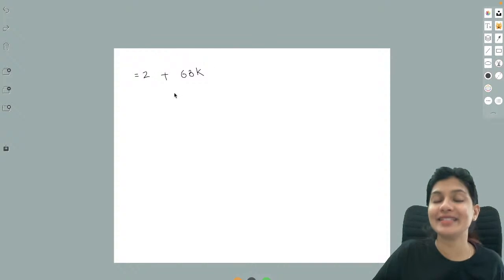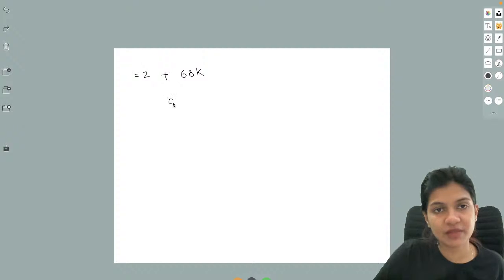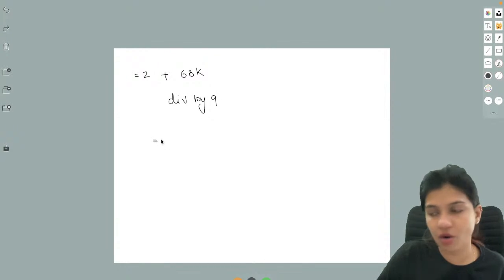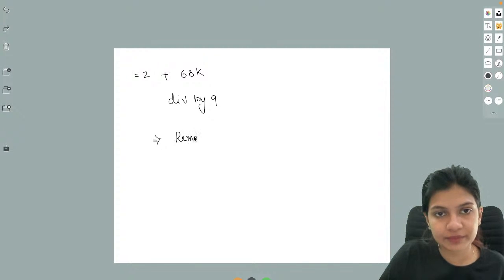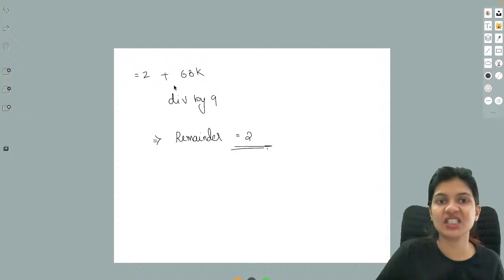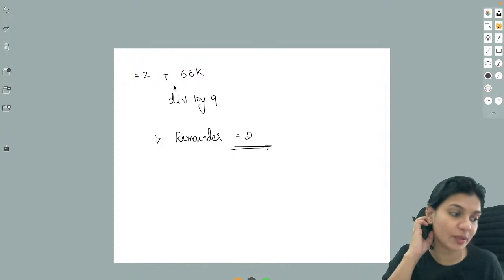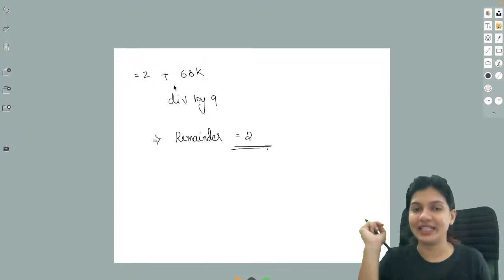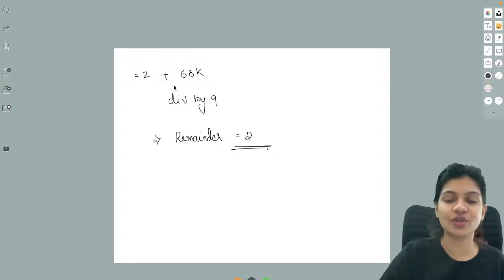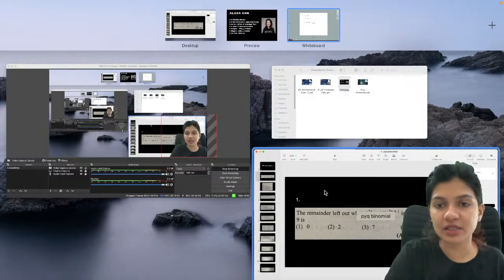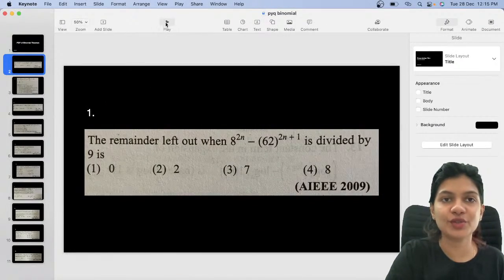Now if I am dividing this by 9, division by 9 will always give me 2 as my remainder, because 63 is divisible by 9. So the remainder is 2. Any doubt? I believe there are no doubts for anyone. So option 2 will be your answer.